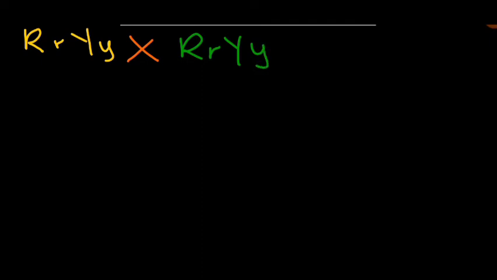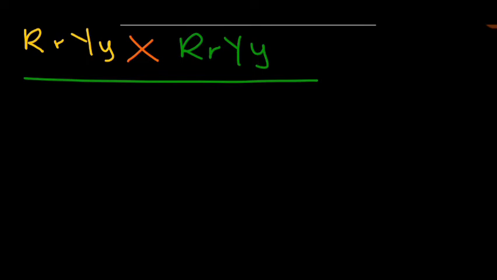So imagine that you've been given this parental genotype. This is the male parental genotype, and it has been crossed with a female parental genotype of similar nature. And then they tell you to find or to prove the 9:3:3:1 ratio.